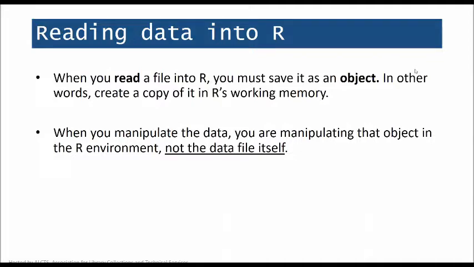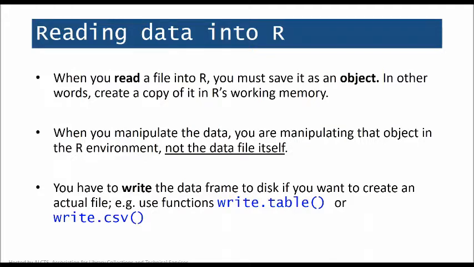So again, you're manipulating that object, not the data file itself. In order to output an actual file that you can then send to someone, or if you wanted to open up in Microsoft Excel or some other data platform, you have to write that data frame to disk. And I'm going to be talking about this at the very end.